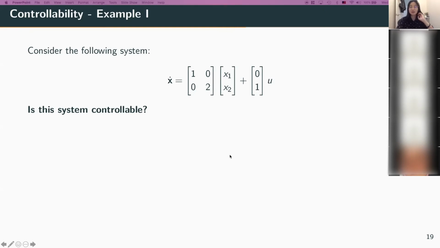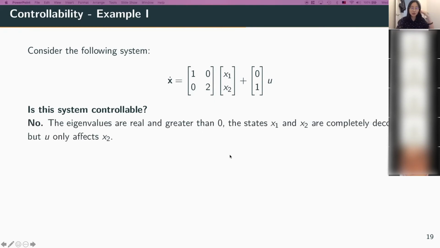Exactly. So that's correct. It's not a controllable system because first of all, your eigenvalues are all real and positive, and they're also completely decoupled. But you only have one actuation signal, which means you only get to turn one knob, and the only state that you can control is x2.